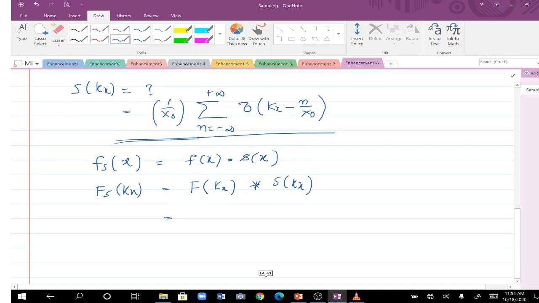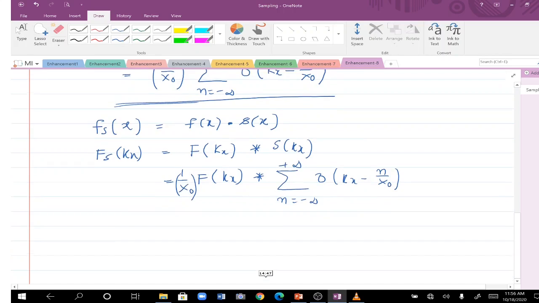Now I could write it as F of kx convolved with the summation of n varying from minus infinity to plus infinity of delta of kx minus n by x naught. And of course there is a multiplication factor here, which let me write it here.